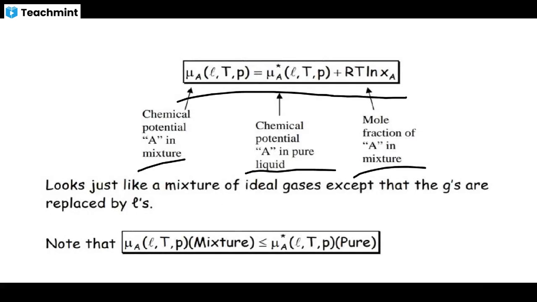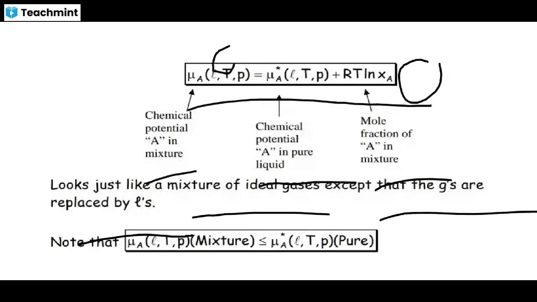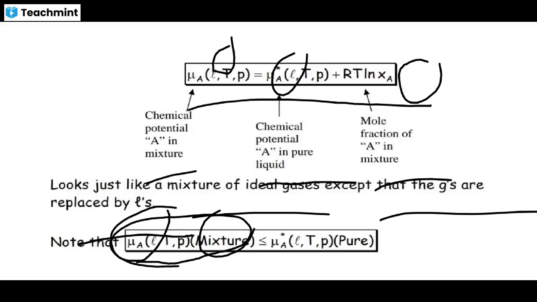It looks just like a mixture of ideal gases, with this being the mole fraction, except that the gases are replaced by liquid. Ideal solutions are the same, but don't forget that for liquid mixtures also, the chemical potential of the liquid mixture is less than the chemical potential of the pure liquid.